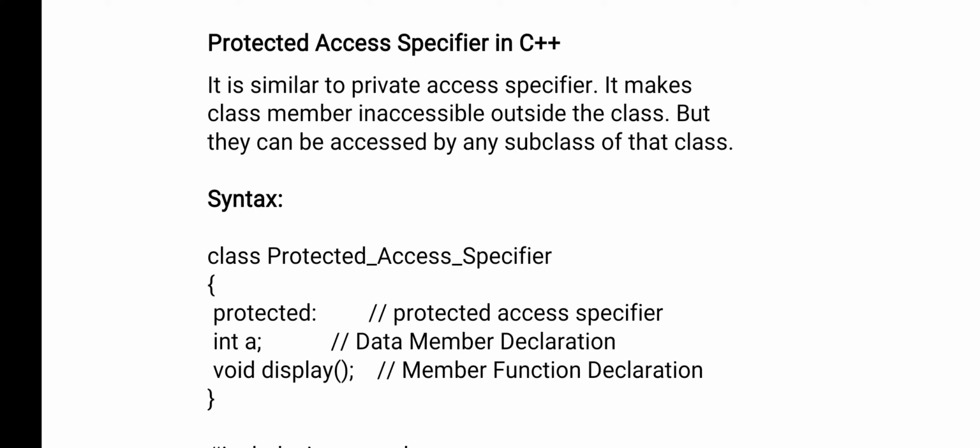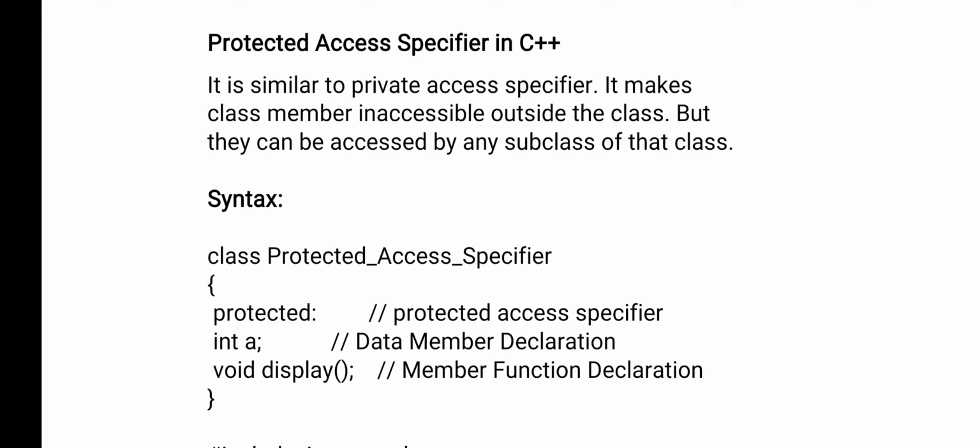In C++, we have a mechanism called inheritance. Using inheritance, one class can use the properties of another class. Whichever class is using the properties is called the child class. Whichever class is giving the properties is called the parent class. That is called inheritance.